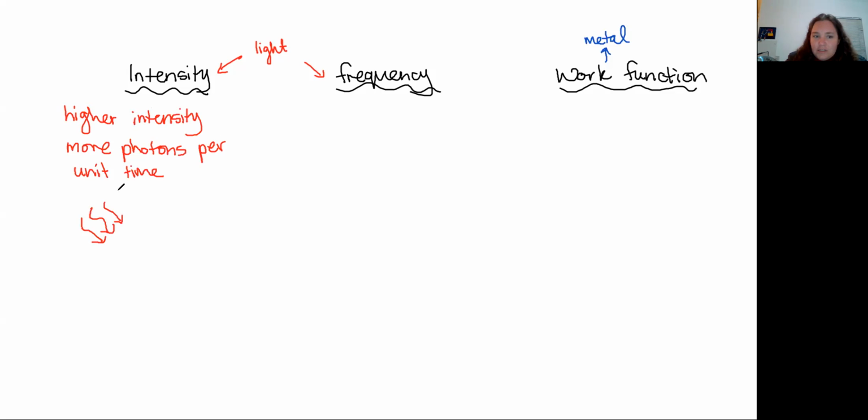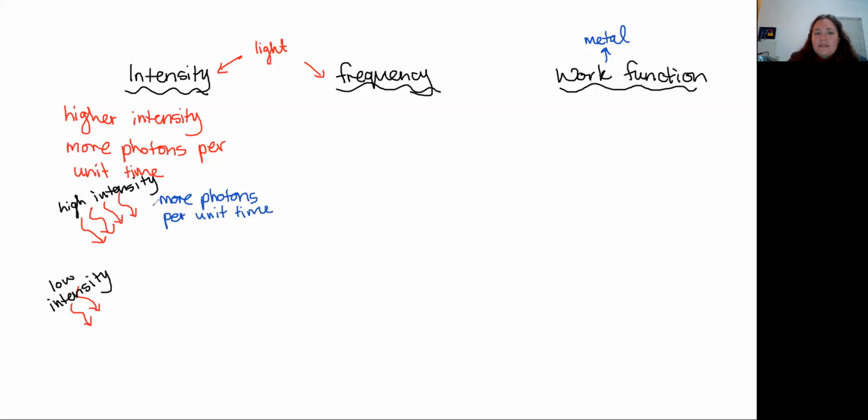There's high intensity, here's low intensity. So if we've got, this is high intensity, lots of photons. This is low intensity. And what you would actually see in terms of a light is a bright light or a not so bright light. So if we have a higher intensity, we have more photons. Please be careful. It's technically more photons per unit time.